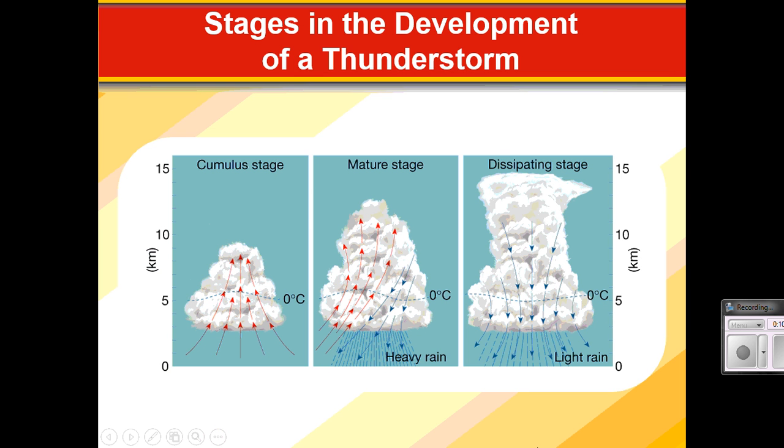Here's what our thunderstorm looks like. So our cumulus cloud, our mid-level cloud, right? Our big puffies. We've got air moving up into the cloud as the air is rising. It starts to develop and get bigger, and as it's getting up higher, it starts to cool, and that's why we start to get this downflow. And with it, it pulls that water down, the droplets that have gotten bigger.